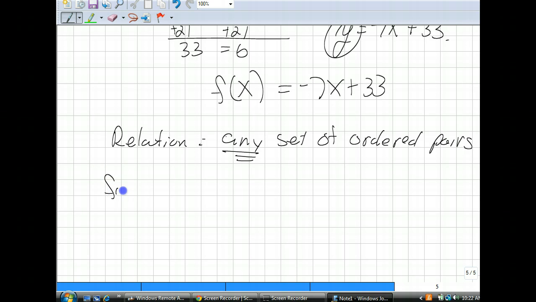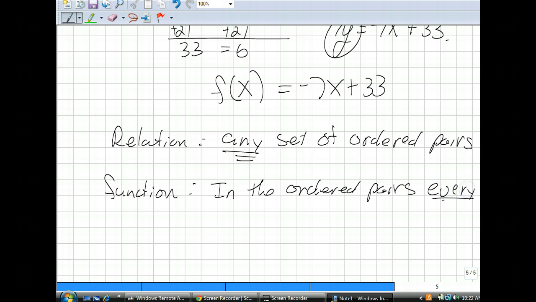A function is a relation, but it's a special relation where in the ordered pairs every x value is unique.